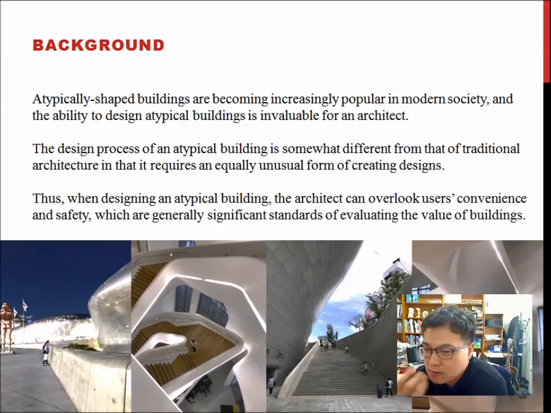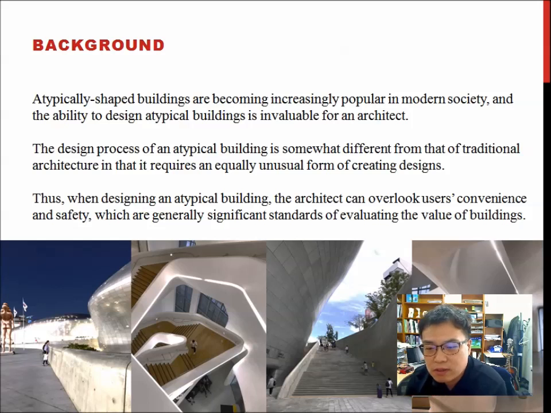So the design focuses more on the shape of buildings. As you know, a building contains a lot of important components. But when designing atypical buildings, the shape itself is not easy, it's difficult. The designer must focus on how to make more unique, unusual shapes.